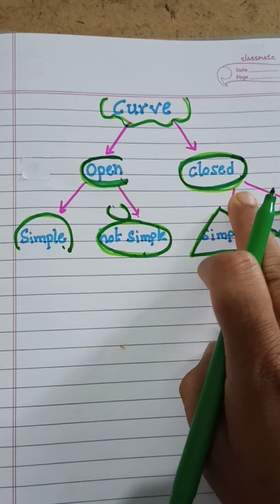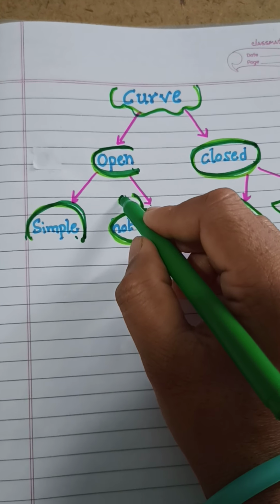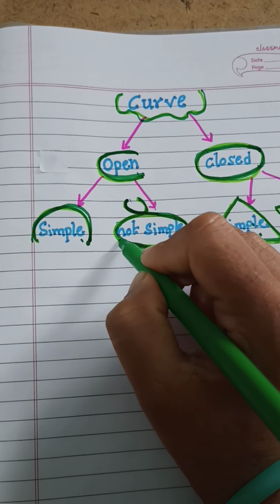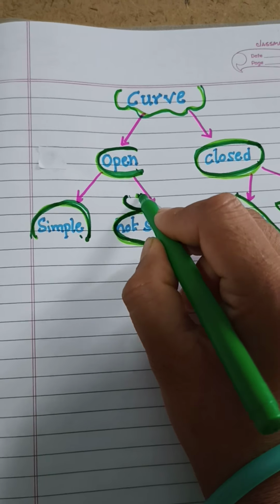Simple open, while drawing this curve, it doesn't cross. Not simple open, see here, while drawing this curve, it crosses itself. Starting point and ending point are different. It is open, it is not a simple open.